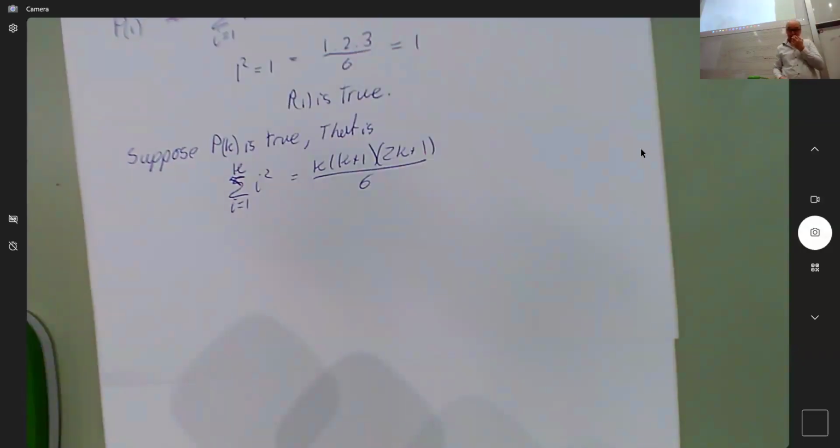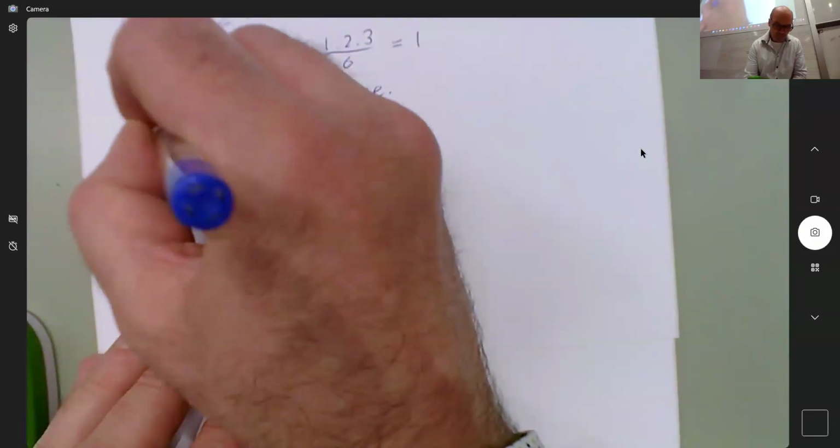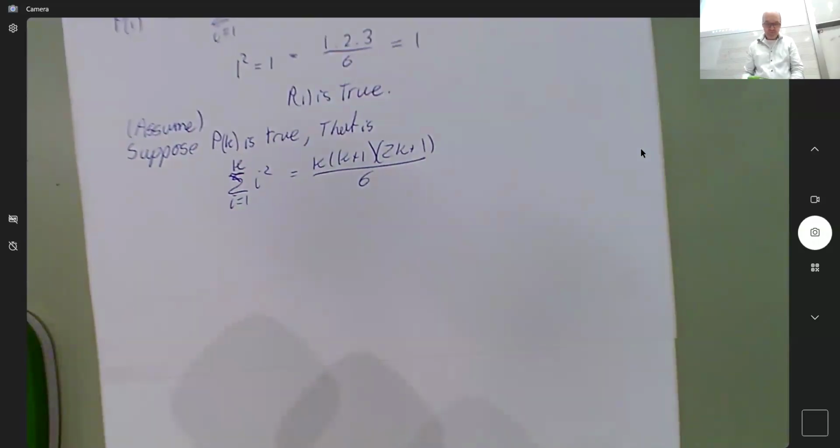I've said Pk is true, and then I've written out what that means, what exactly that statement is. And it's a supposition, so it's an assumption. We could replace that by the word assume. We maybe should replace it by the word assume.